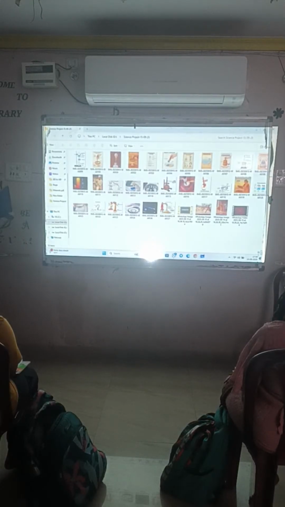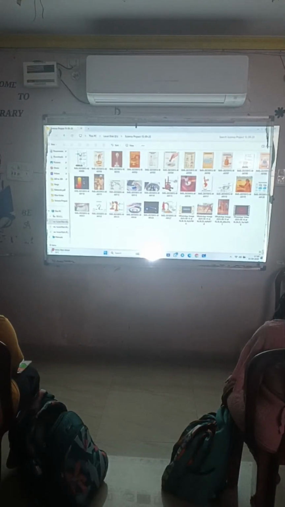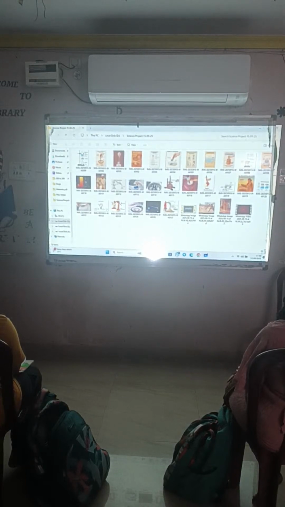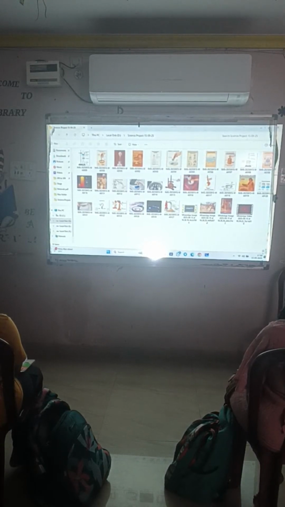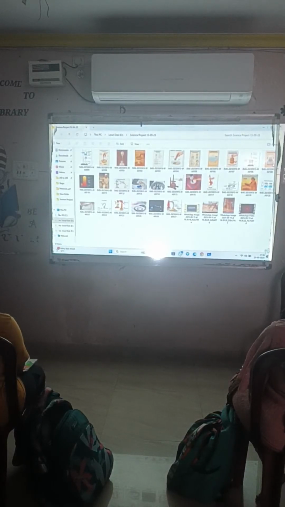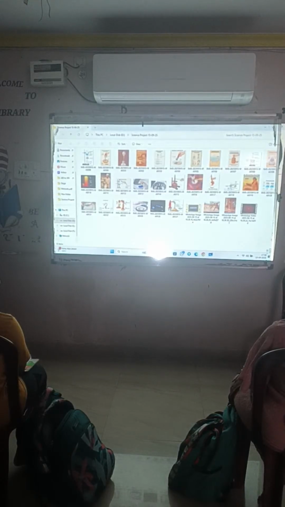First of all, we know that true solutions have a very small particle size. Next, suspensions are those which have a particle size bigger compared with the true solution. Colloidal solution particle size is also bigger.